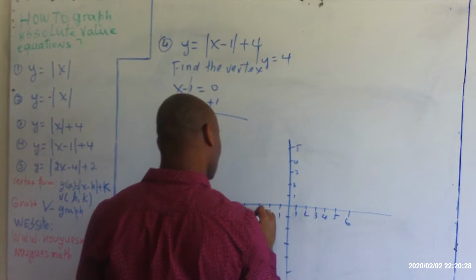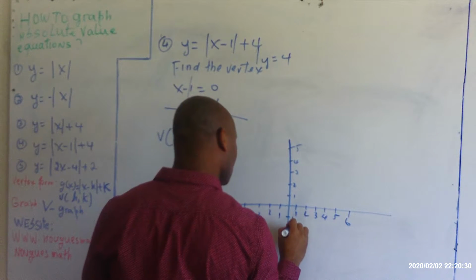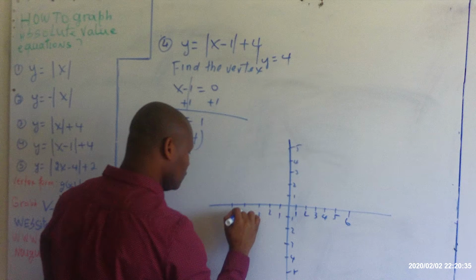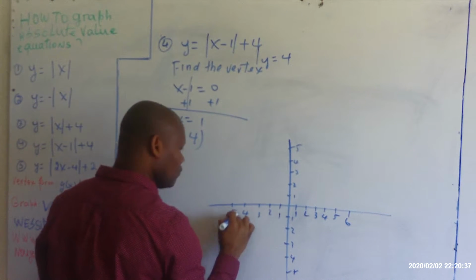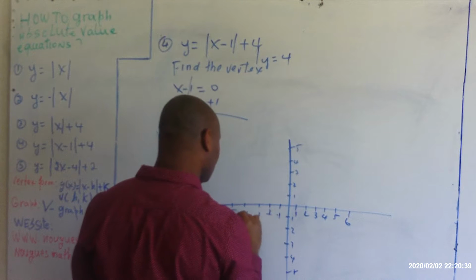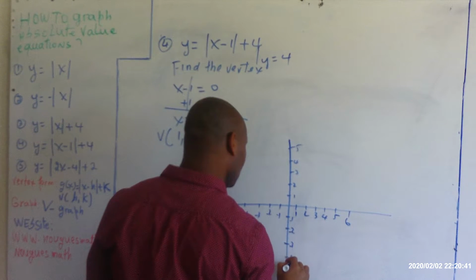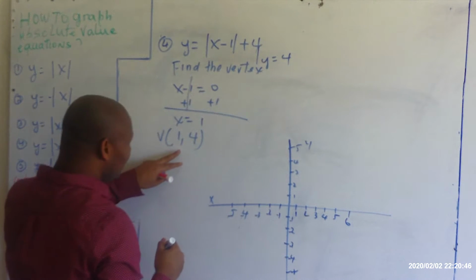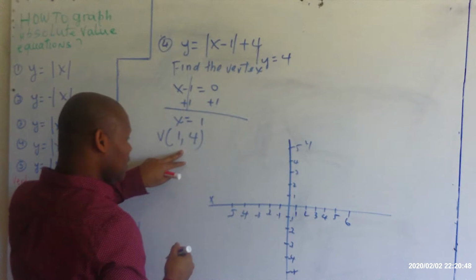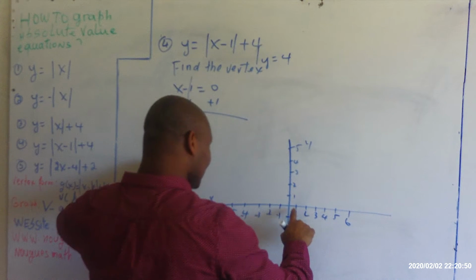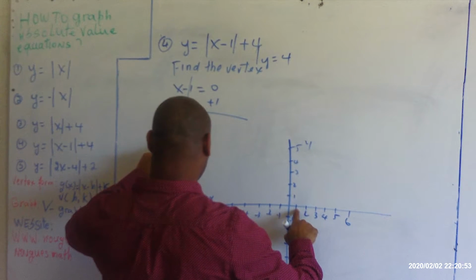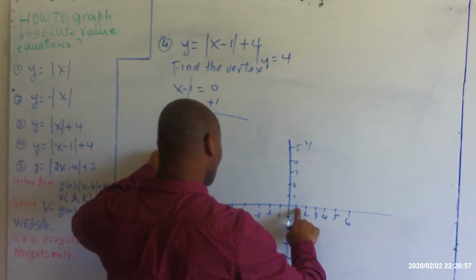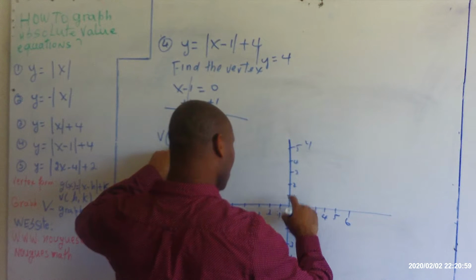Those are the negative numbers. That's x, that's 1. So I have these 2 points. At x equals 1, go up 4. Right here.